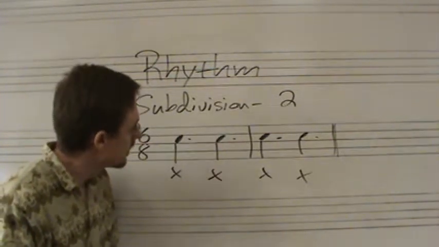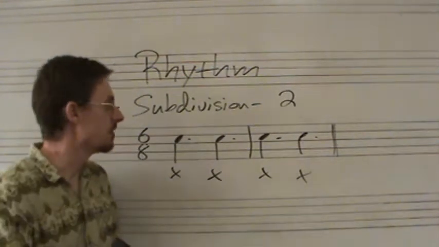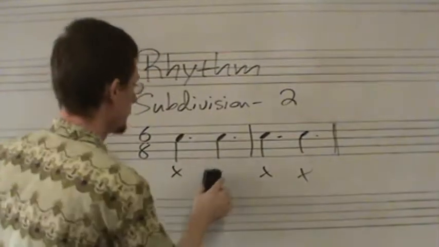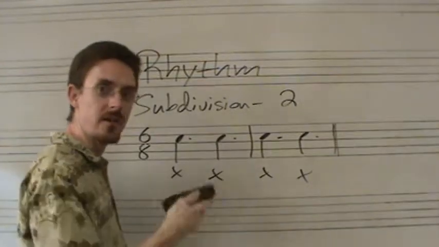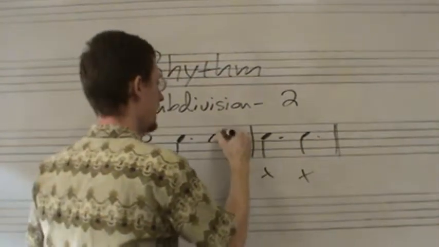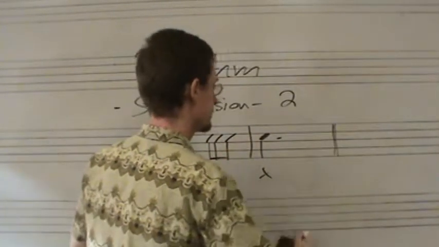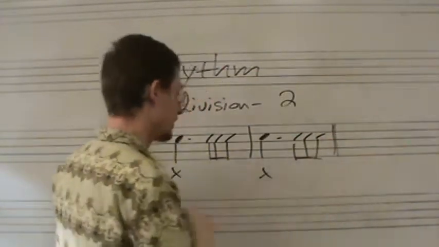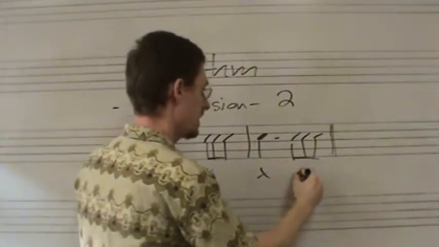In compound meter, the subdivisions of the beat are in multiples of 3. And let me show you how. That's actually easy. If you remember how many 8th notes are inside a dotted quarter, 3. And here we get our primary subdivision in 6/8 time. Put the X's where the downbeats are, 1, 2, 1, 2.